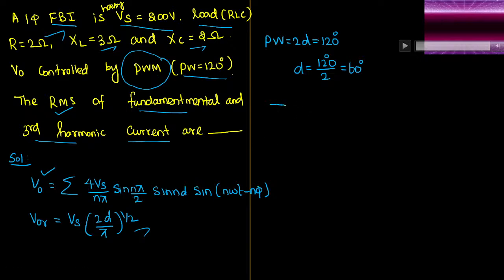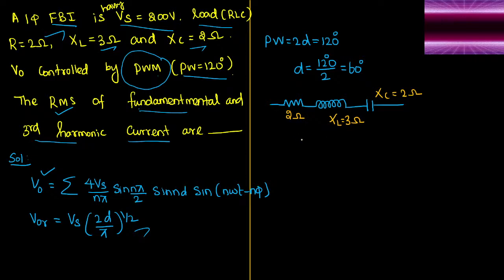On the output side, they are connecting one resistor, an inductor and a capacitor. Everything is connected and they had clearly given the data. The value of resistance is 2 ohm, inductive reactance XL equal to 3 ohm, and capacitive reactance XC equal to 2 ohm. It is fixed.